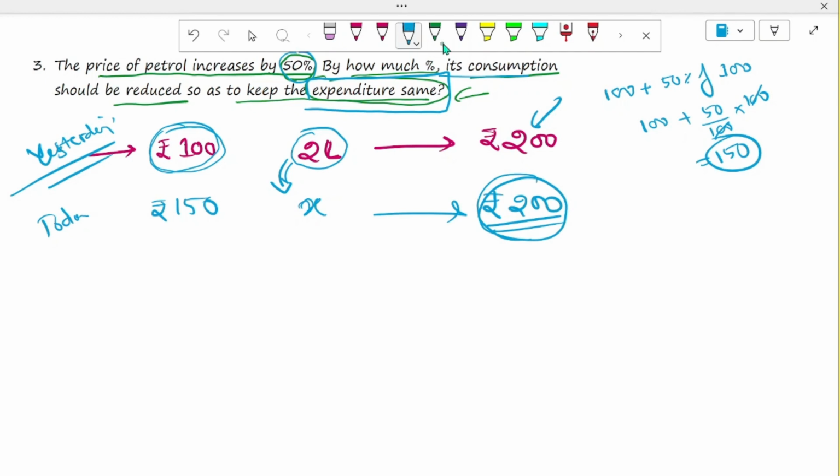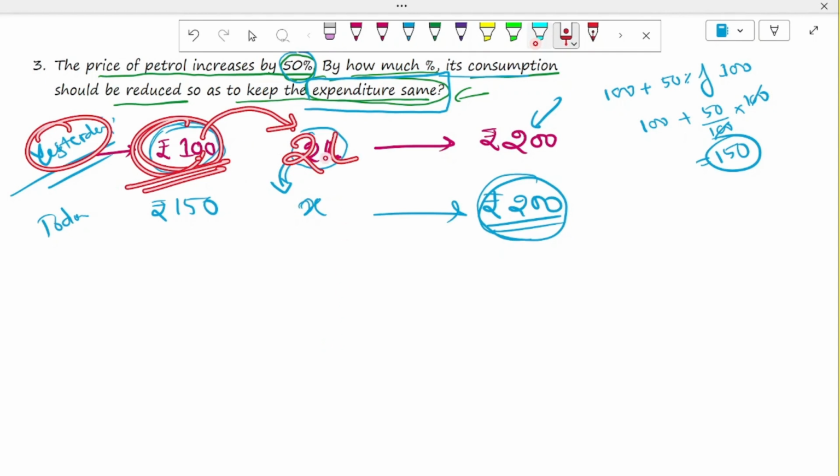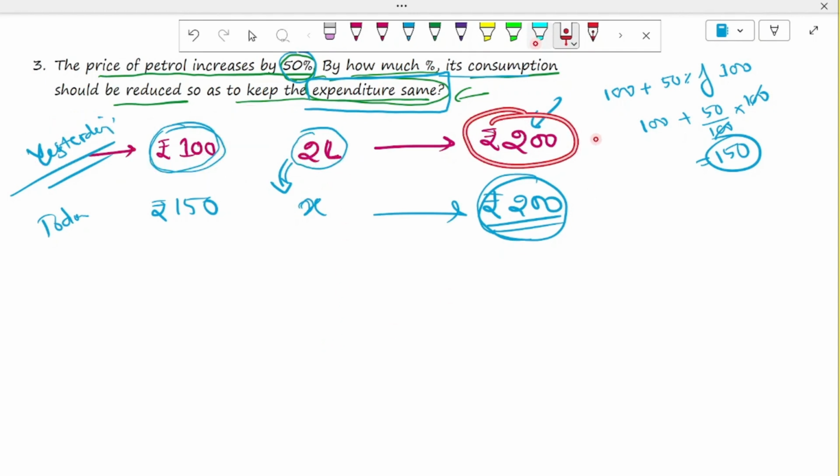Just understand this scenario. Yesterday the petrol price was 100 rupees, and you used 2 liters of petrol, and you spent 200 rupees yesterday. Today also you need to use petrol, but there is a change in the price.